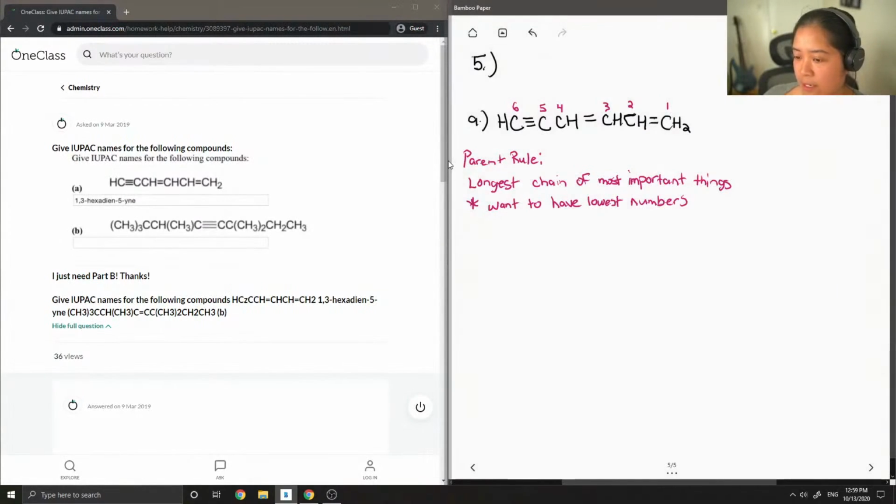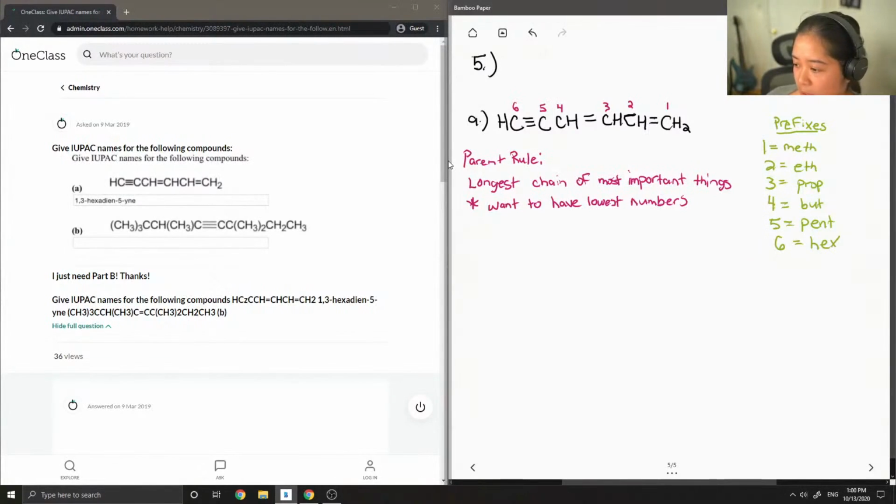Then I'm also going to write down the prefixes that are involved in this question. So it's always important to memorize these prefixes, especially when you name. For 1, it's meth. 2, eth. 3, prop. 4, but. 5 is pent. 6 is hex.